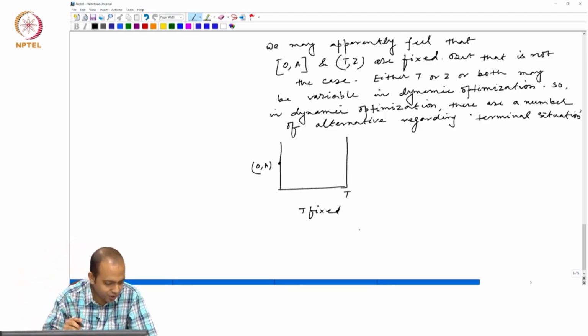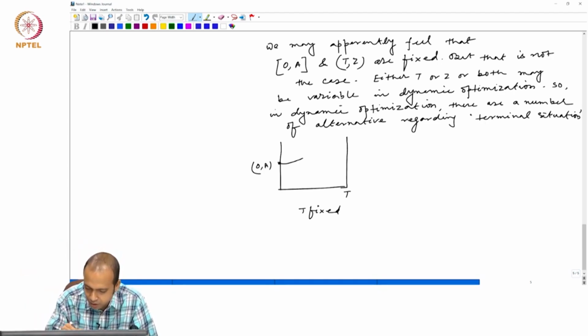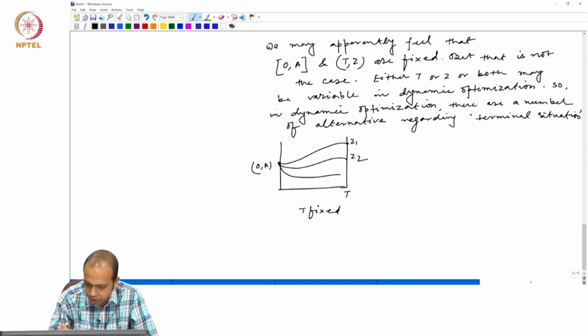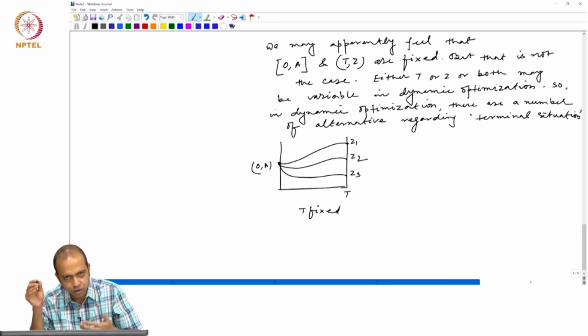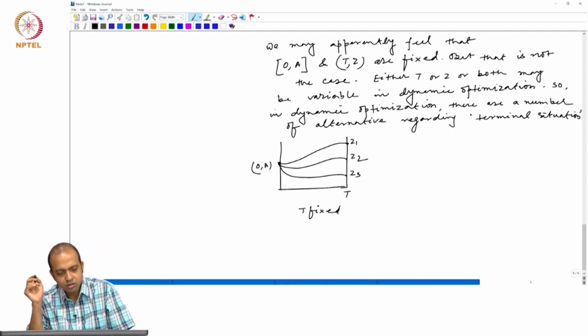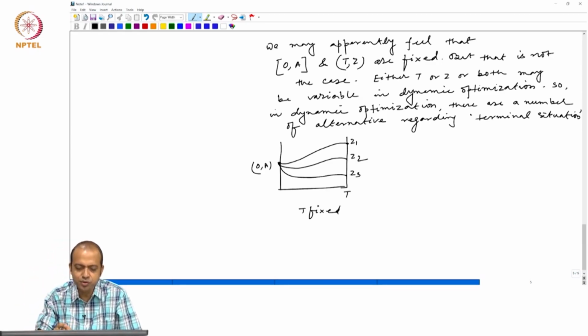So, if T is fixed, then what is the variable here? You can achieve either here, which is Z1, here, which may be Z2, or here, which is Z3. Depending on which particular path you select, how you invest, you will achieve Z1, Z2, Z3.